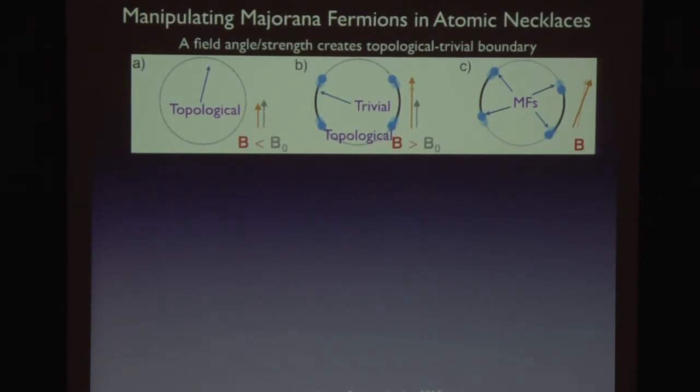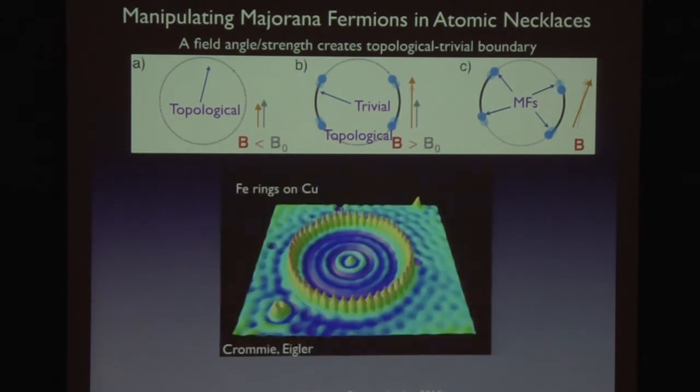For example, if we didn't make chains, but we made rings, okay? Can you make rings of magnetic atoms on surfaces? Well, there was a guy I worked with once who did this experiment. I think this picture is in every introductory physics book. So these are iron atoms on copper.